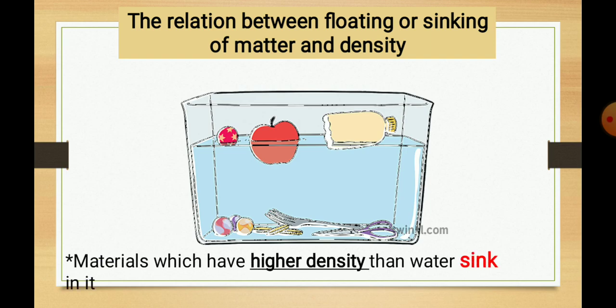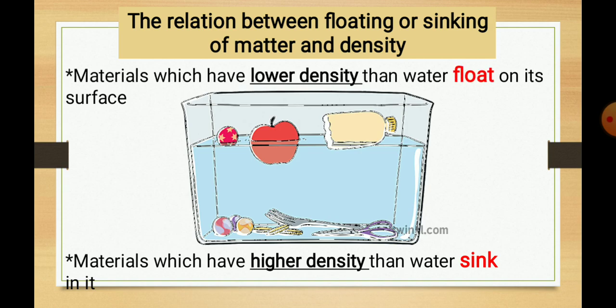The materials which have higher density than water sink in it, such as an iron nail, metallic coin, scissors and fork. And the materials which have lower density than water float on its surface, such as wood, cork, ice, drops of oil, plastic, apple, and rubber pool. All of them will float.